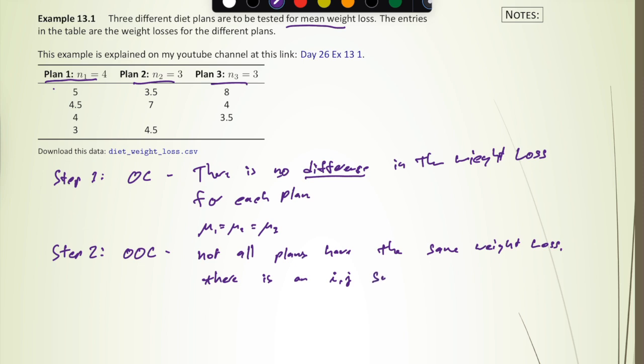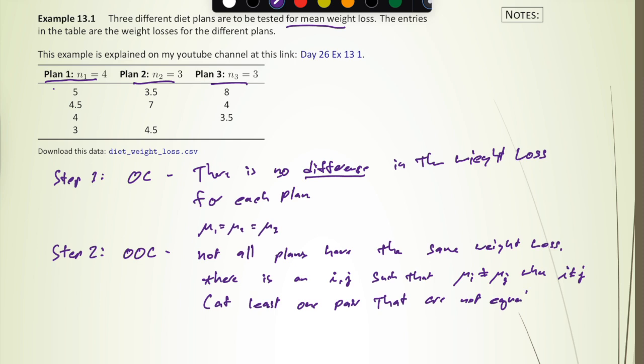There's 2 numbers such that mu i does not equal mu j when i does not equal j. So there's at least one pair that are not equal. Think about it for a second. That is exactly the opposite of saying that they are all equal. We're saying that just not all are the same.